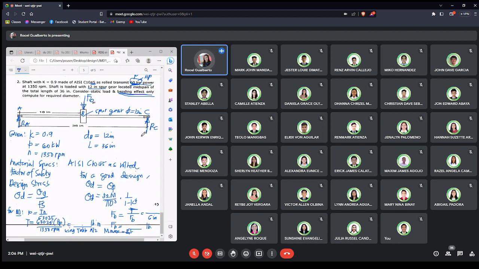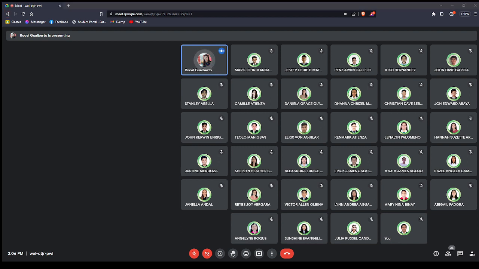Tatandaan niyo po ha, ano po yung minention ko kanina: this is under bending effect only. Kung wala po yung statement na yan, this would be a combination of the two. So mamaya po, we will be solving this pa rin, kung combine na po sila.